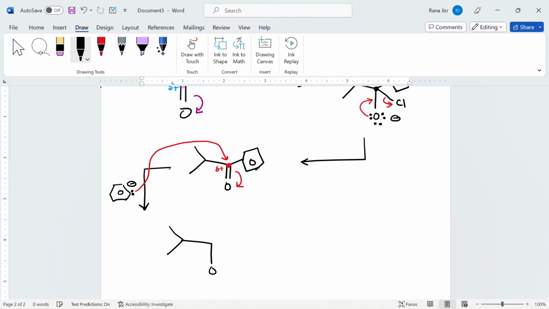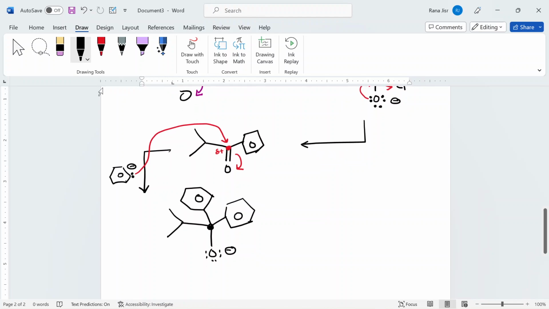So you're going to end up having an O negative. Always the product of these reactions is an alcohol. And the question is, are you forming the primary, secondary, or the tertiary alcohol? It depends on what carbonyl you start with over here. So this is going to be my carbon of the carbonyl, and I added here 2 R's now of the Grignard.